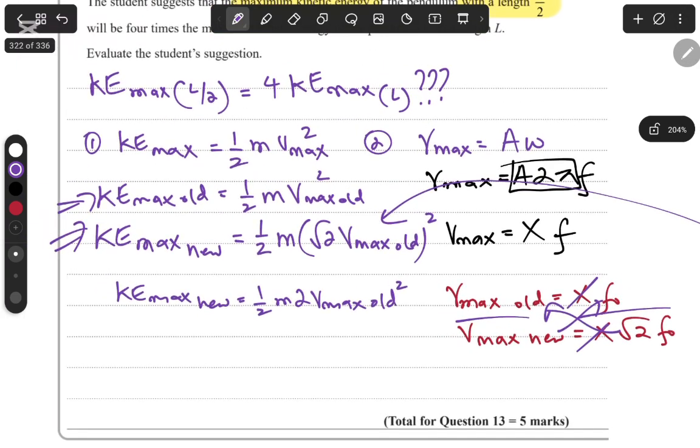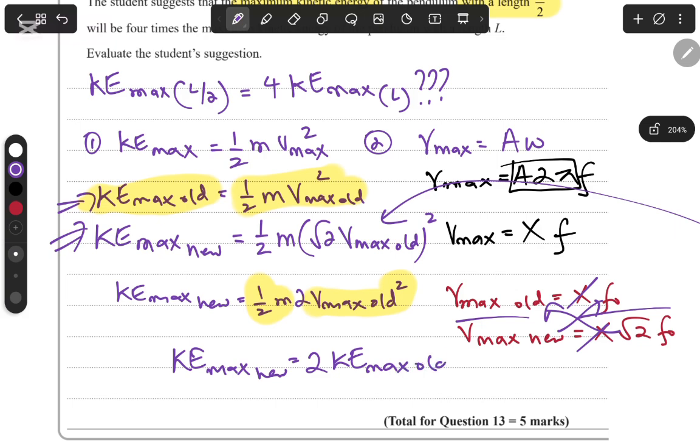And now I can see here that, notice, half m Vmax old squared, which is the same thing as this right over here, I can write KE max old. So I can substitute. So KE max new is equal to 2 times KE max old.